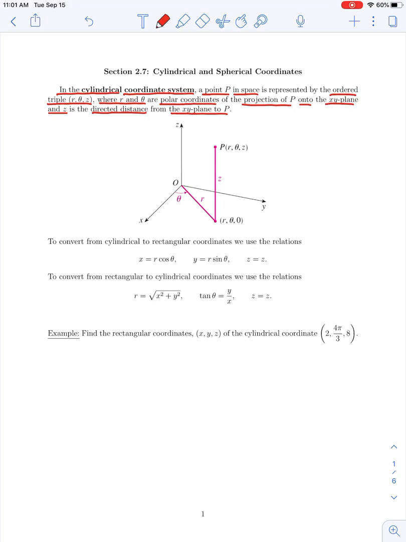To illustrate this, here we've got some point that we're looking at in the first quadrant of xyz space.